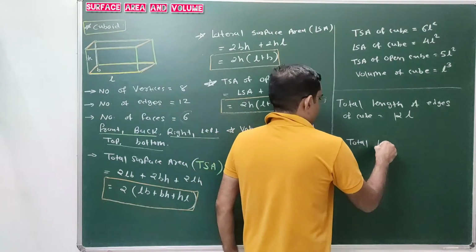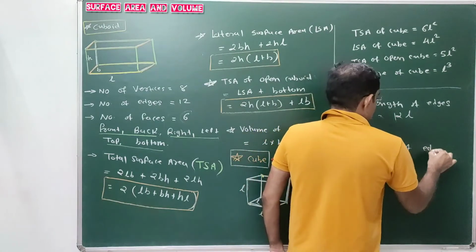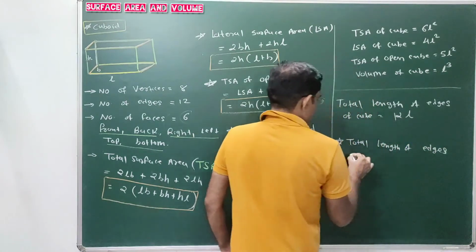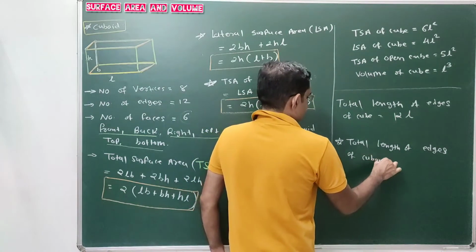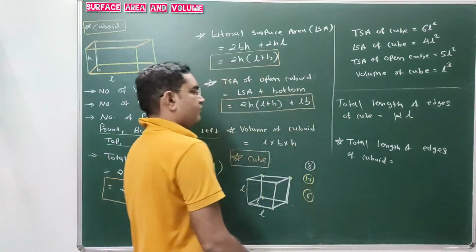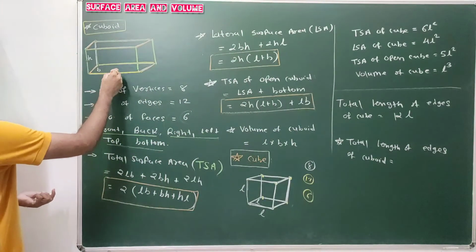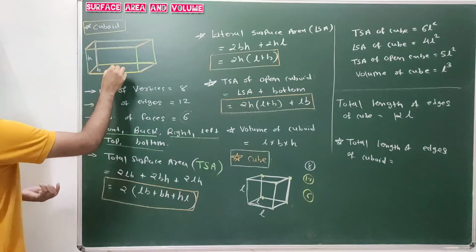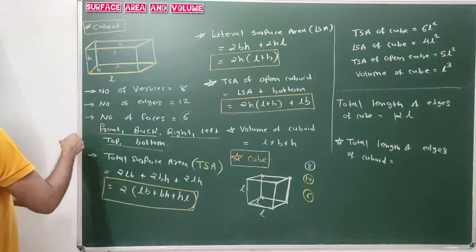Similarly, total length of edges of cuboid. What is the total length of edges of cuboid? Here we can say that these 4 edges are of length L: this is L, this is L, this is L, this is L. So it's 4L.